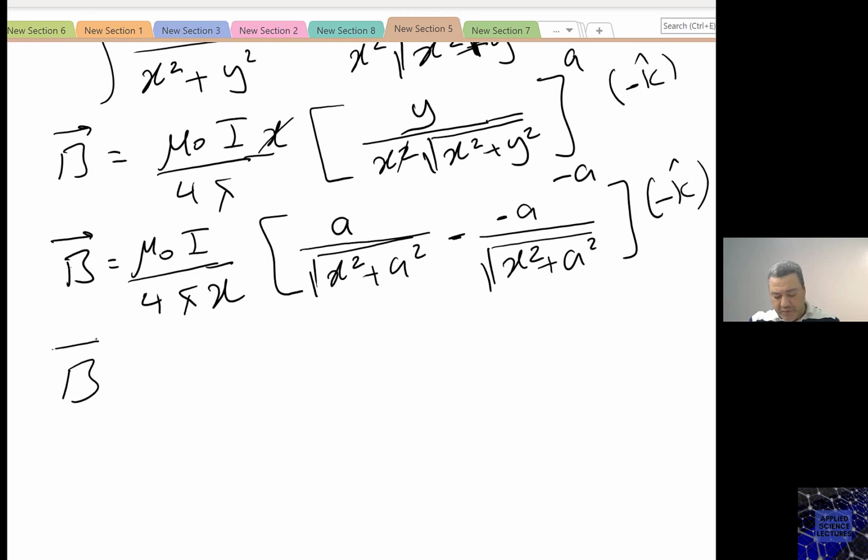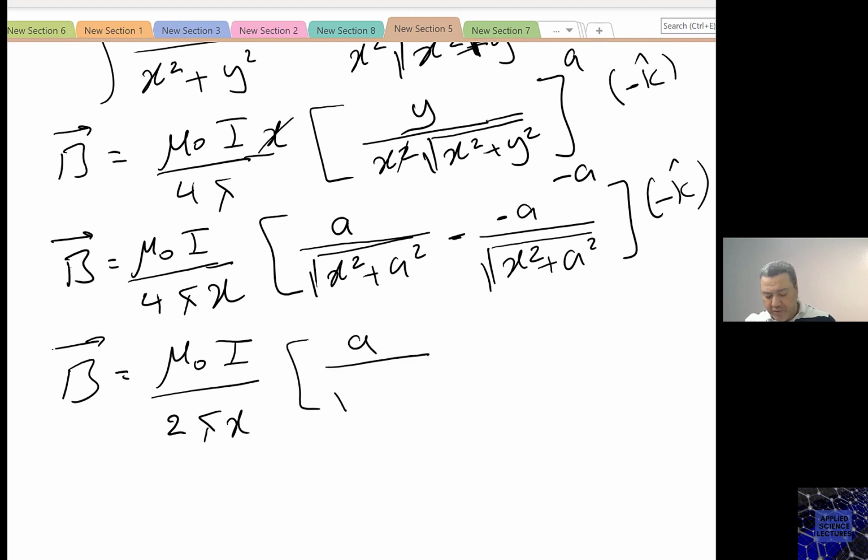So B equals mu naught I. This is going to be now a minus minus a is 2a. 2 will cancel with the 4, so this is 2 pi x, a over x squared plus a squared, minus k hat.